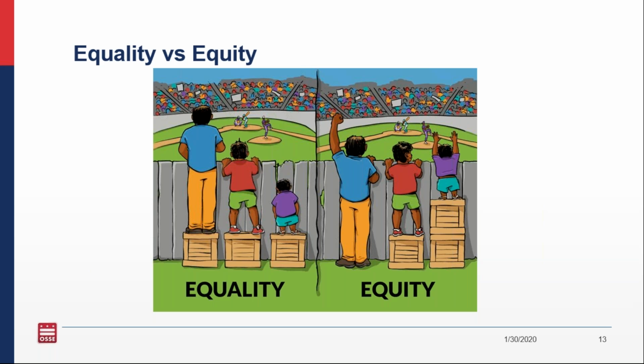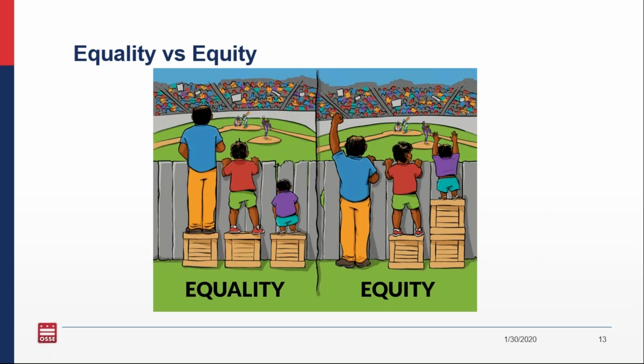However, they're all standing on the same size box, but they're all different heights. The shortest individual is unable to see the game, even though he has a box. That's defined as equality, because they all have the same size box, but yet the student is still unable to see the game.